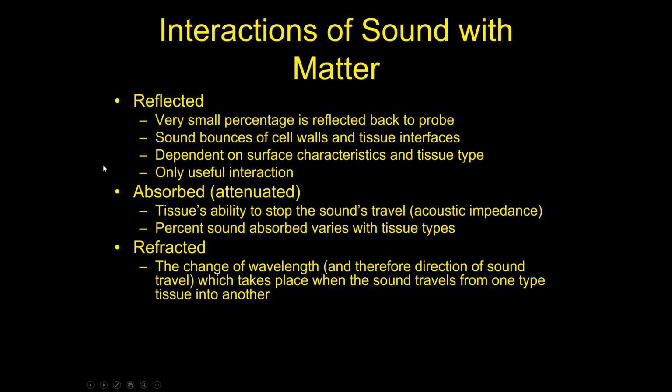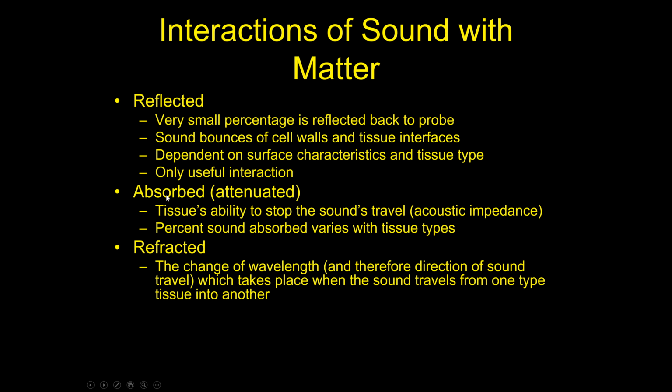As that sound reflects off of a stone inside the urinary bladder, a portion of that sound reflects back towards the probe. The probe hears that sound and converts that into an image, and we can recognize there's a stone in the urinary bladder. So the reflected type of sound is the only type of sound interaction that's useful to us, because it helps us make a picture.